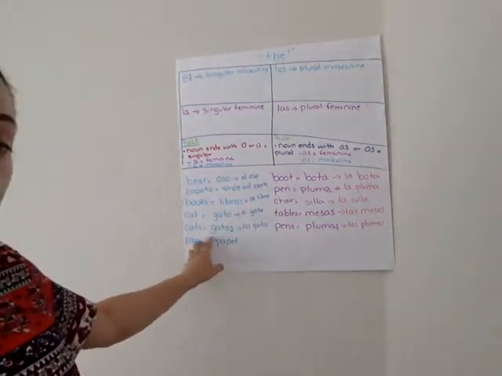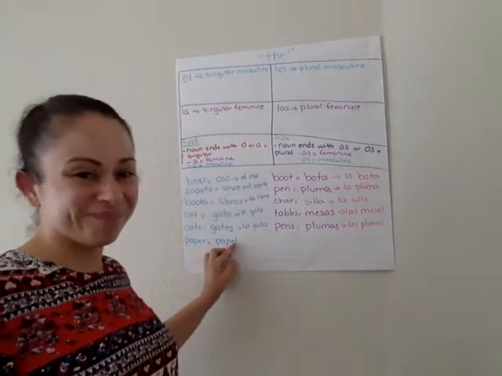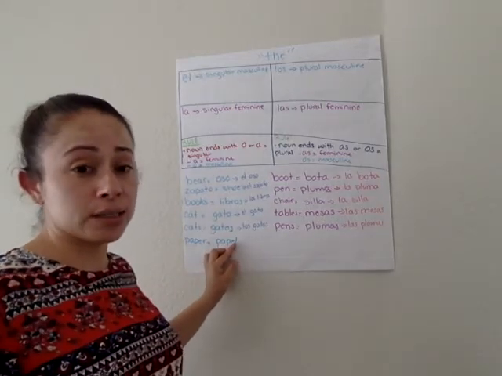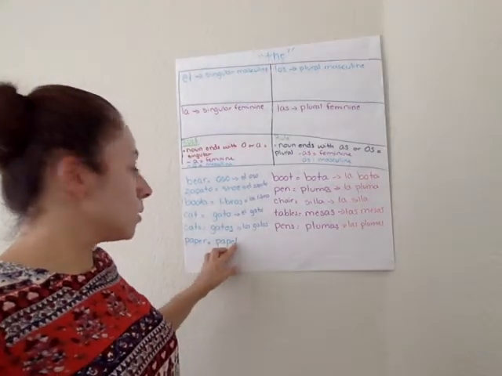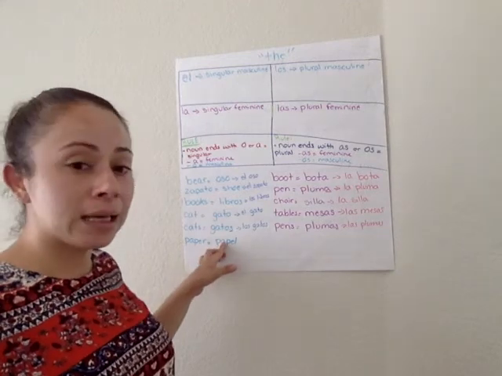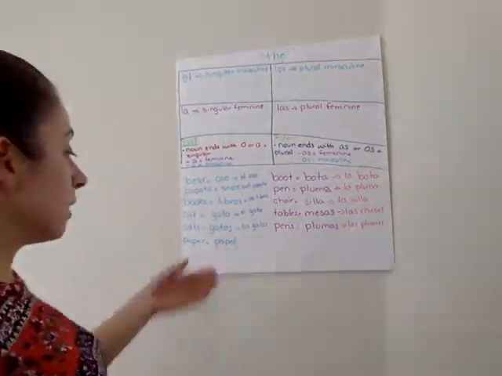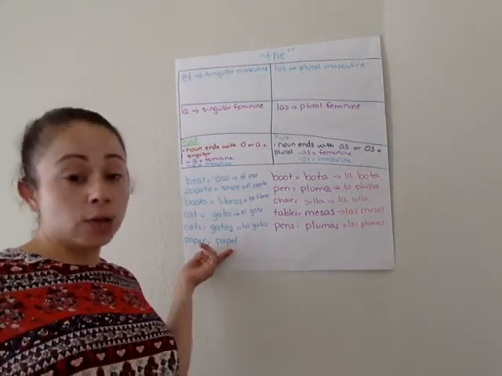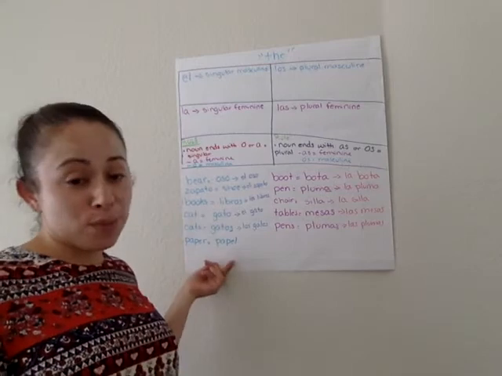Now, paper, papel, ends with an L. So it's not your typical O or A vowel ending. So it ends with the consonant letter. So papel happens to be masculine. And these are nouns that do not follow the formula or the rules, but they need to be memorized.